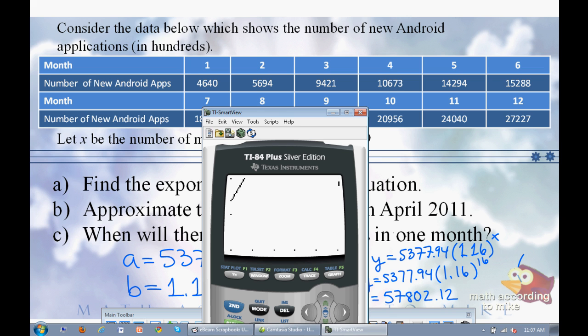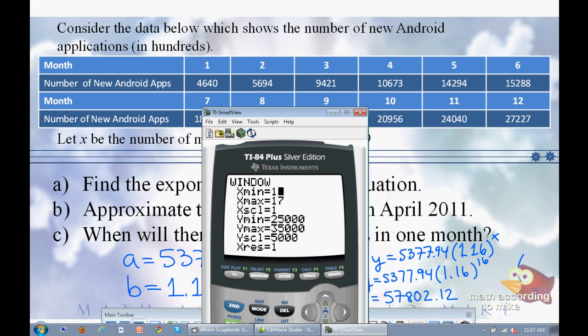This is why you should research your problems before you actually do them in class. That's okay. So notice my window's wrong because it actually hit earlier. All right, let's go back to this window. Let's change the x min.